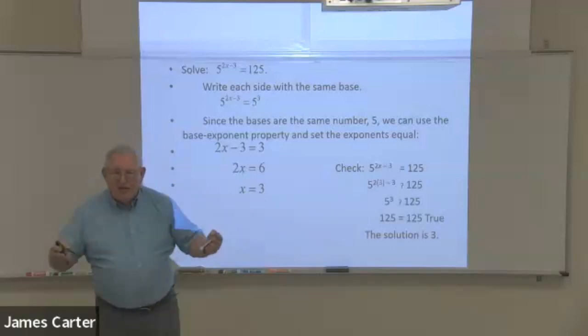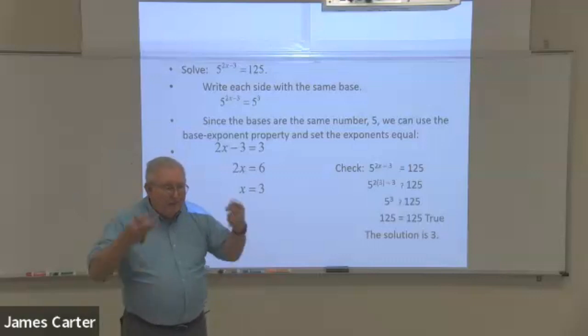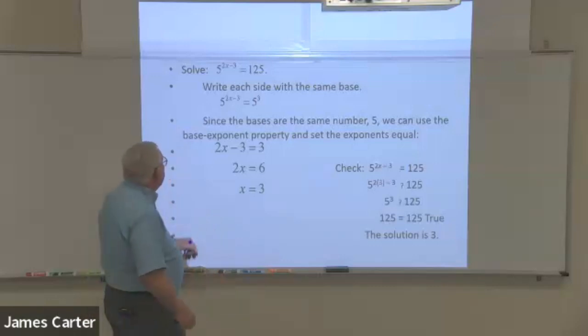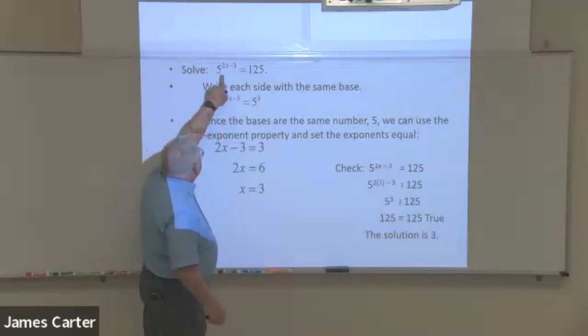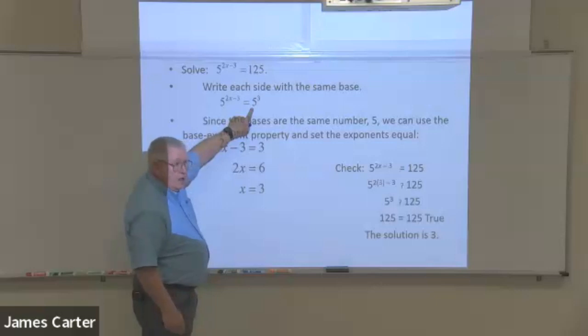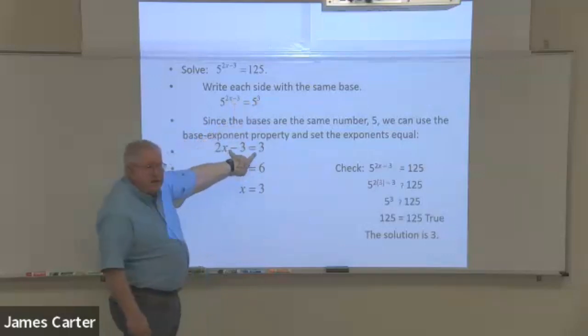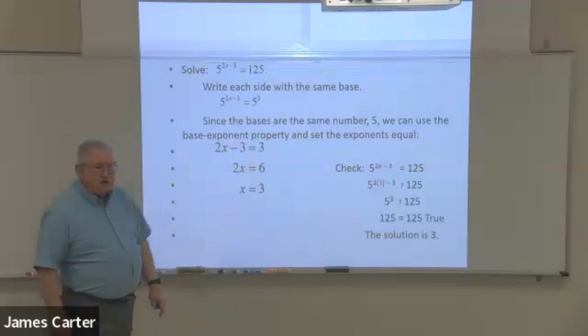Another reason why you guys need to be spending time learning those things on my exponents handout. Okay? So now this equation is written this way. When I've got the same base, I can just take the exponents, write that as an equation, and solve what the answer is.